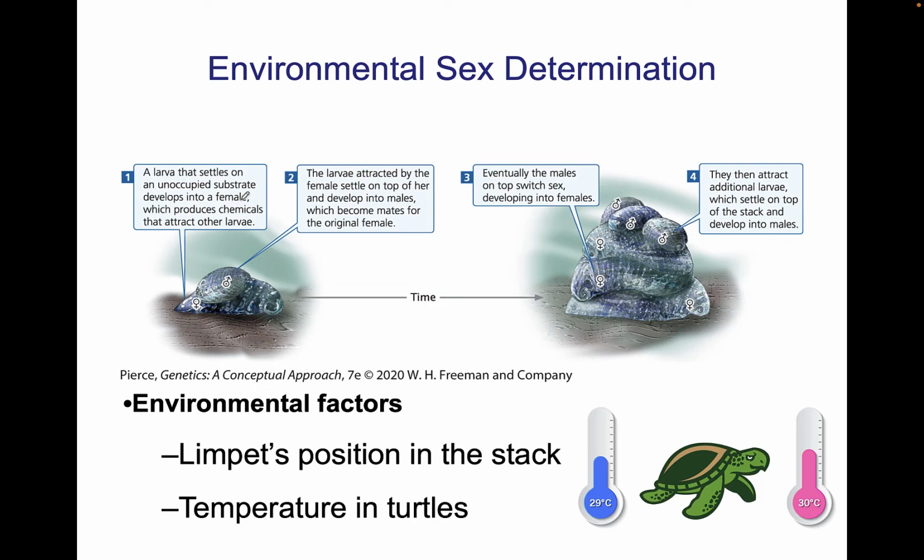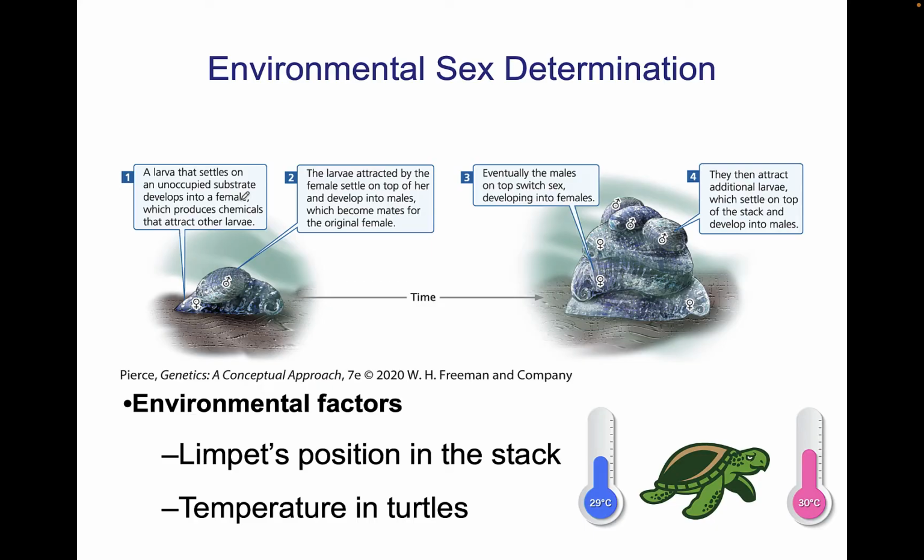You'll first have one larva that will settle, and because it's the first one, it'll develop as a female. And then it will start to produce chemicals that will attract other limpets or larvae to come in and settle on top of each other.